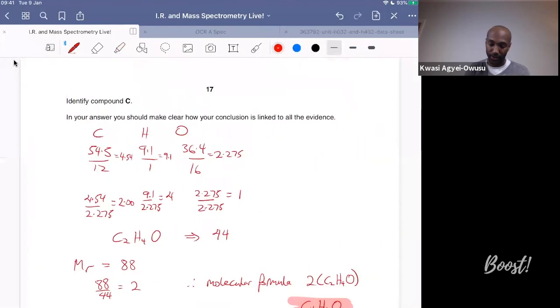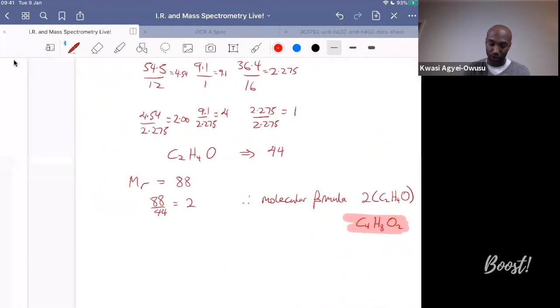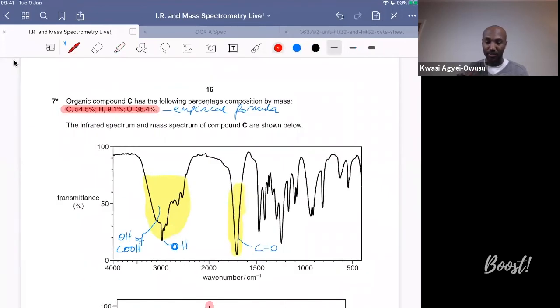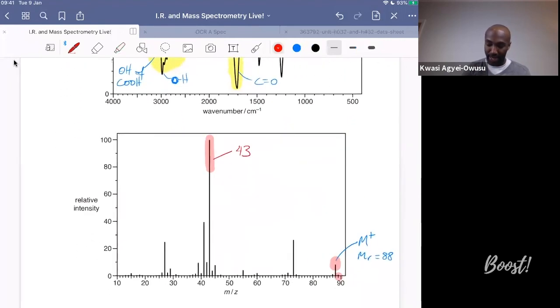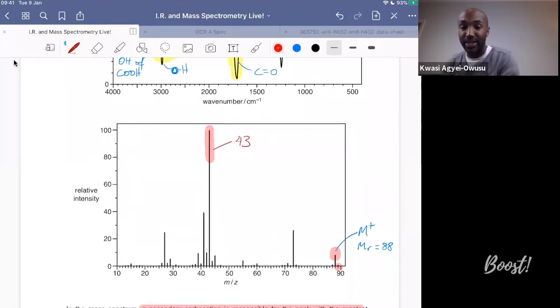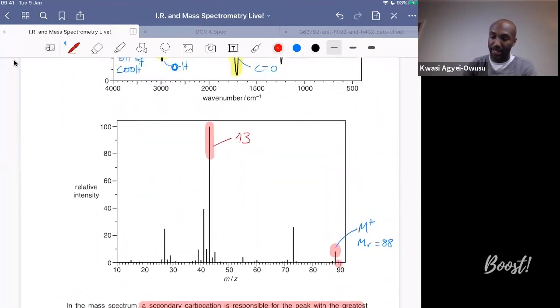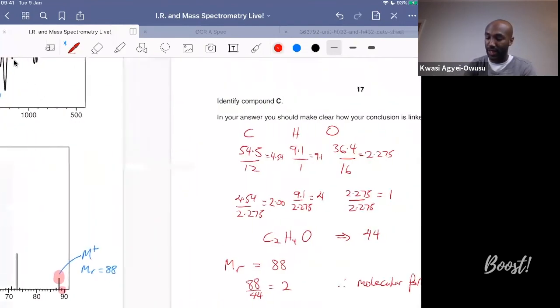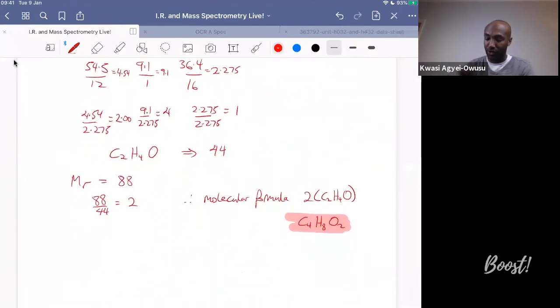So let's go back to our question. It says identify compound C. We've worked out that it's C4H8O2. We've worked out that it's a carboxylic acid. We also know that it has a fragment ion that is a secondary carbocation. Okay, so let's put all of this together and work out the structure.